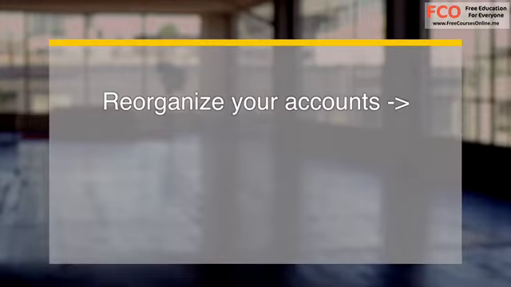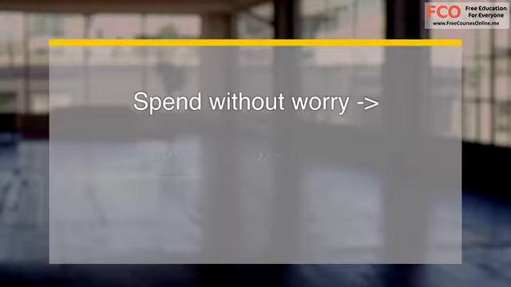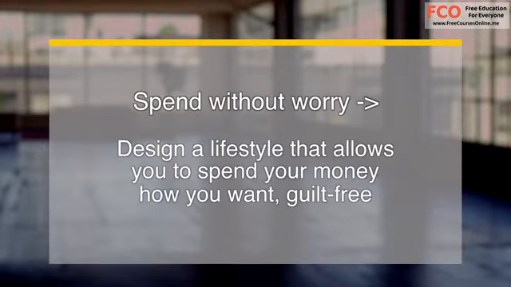Instead of reorganize your accounts, which frankly sounds dreadful, we wrote, reorganize your accounts and find hidden income that you can save or invest. And instead of spend without worry, which is a little bit stilted, we wrote, design a lifestyle that allows you to spend your money how you want, guilt-free.